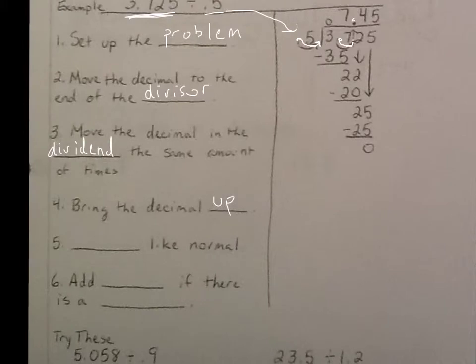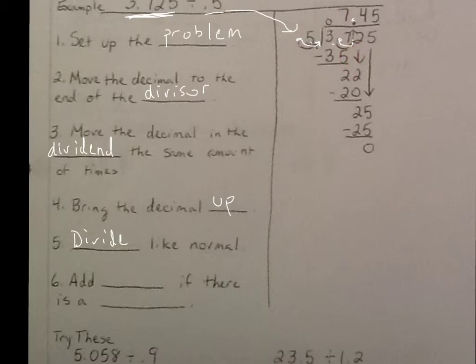Step 5, divide like normal. Now you just do your division. So you start out, 5 goes into 3, 0 times, so we put a 0. 5 goes into 37, 7 times. 7 times 5 is 35. Then you do your subtraction, so 37 minus 35 is 2.